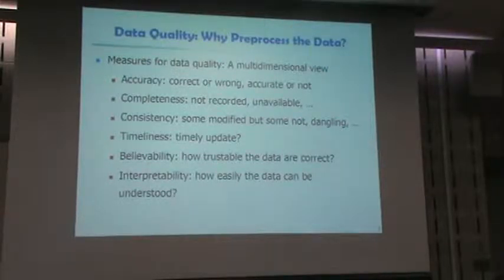For example, here one level is 1 through 10, the other is 1 through 5. Whether we need to adjust, normalize to the same scale or not. And also timing, in terms of time, whether that makes sense or not. If it's out of date, sometimes we cannot use such data, okay?